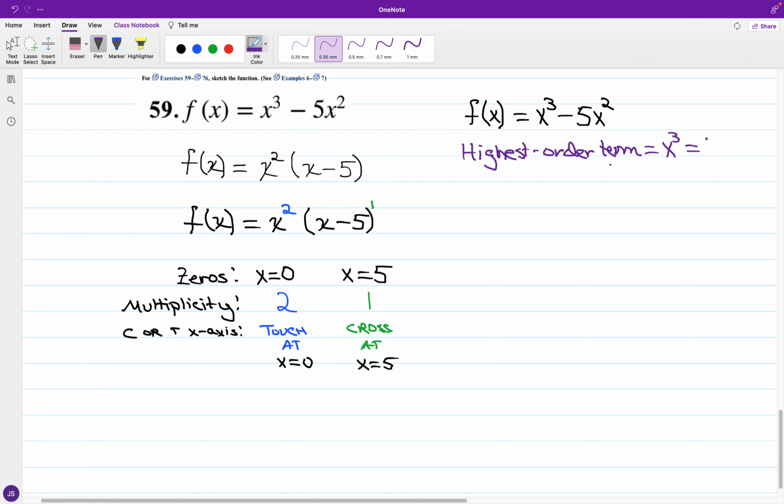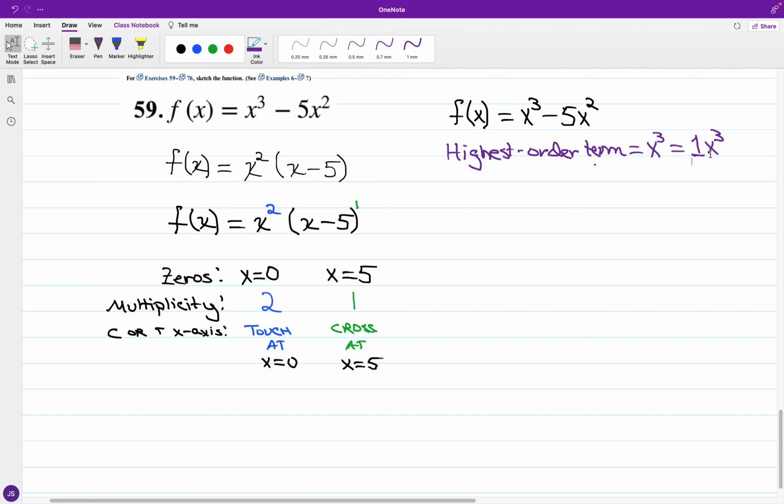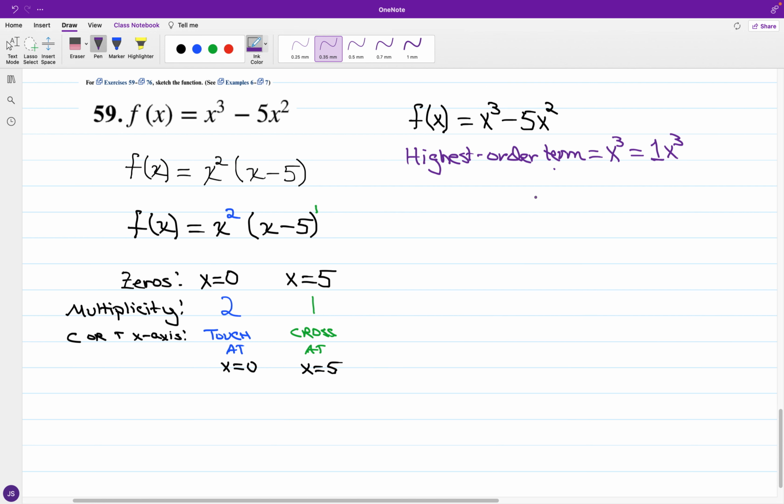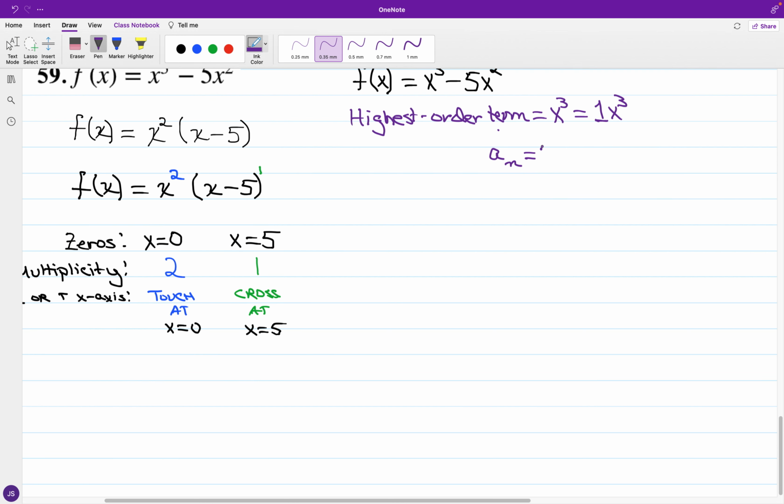If I want to spell out the coefficient, you see we have 1x cubed. So for the highest degree term coefficient, a sub n is equal to 1, which is positive.